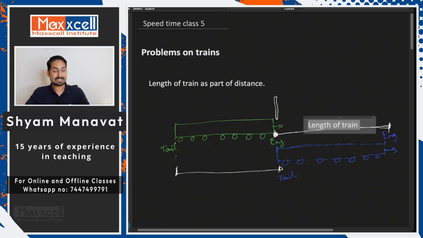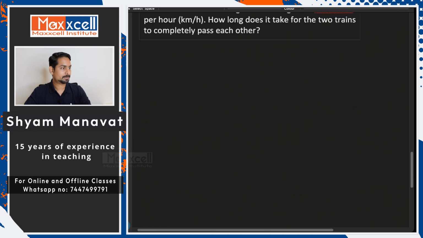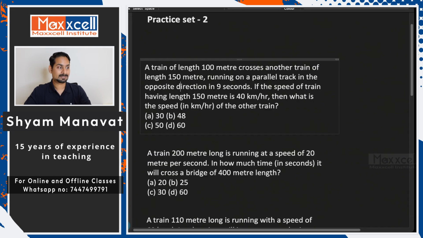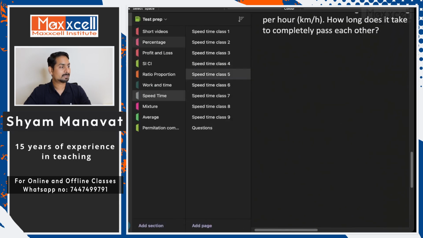That's why we say that in problems on trains, when the question talks about the length of the train, consider the length of the train as part of the distance. We will solve more questions. I have prepared some questions for you, and I have also prepared a practice set on problems on trains.